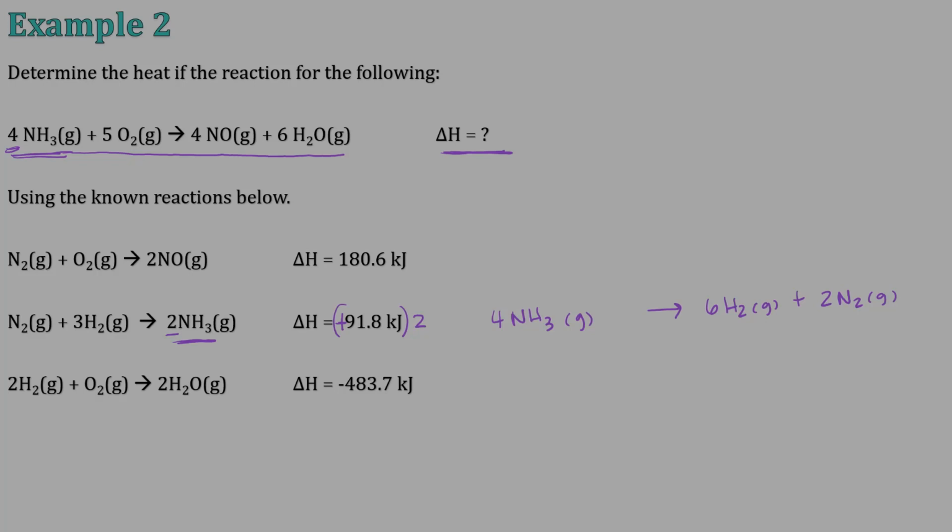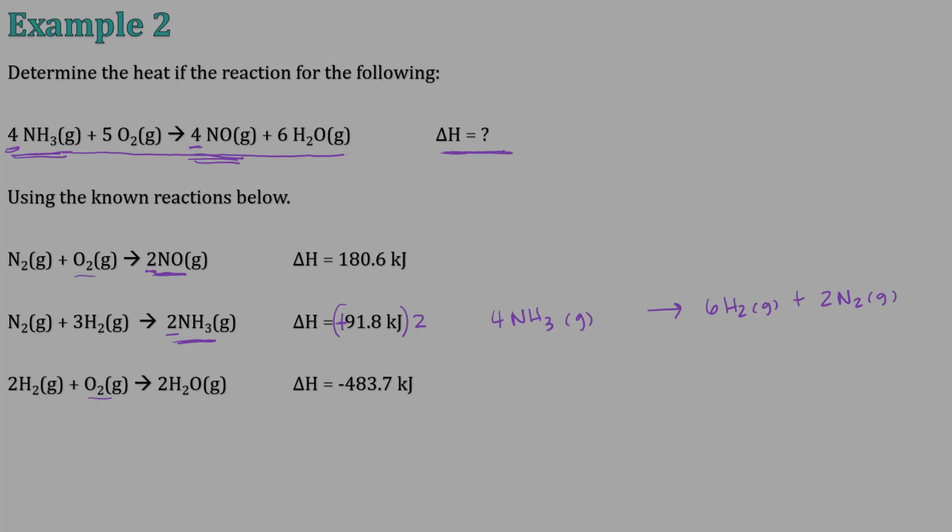Okay, and then I get to oxygen. Well, oxygen is here and here, so I'm going to skip that and come back to it later. So I'm going to go to NO, and NO is on the product side, and there are 4 of them. So I'm going to look in my reactions given to me, and I see NO in this first reaction. So I need 4 of them, but there are only 2 here. Now it's on the right side of the equation, but I still have to multiply by a factor of 2.